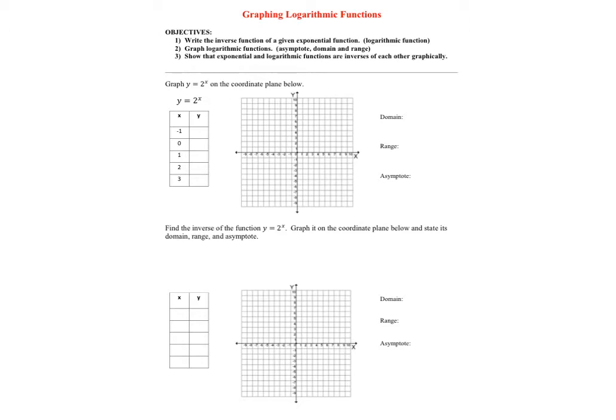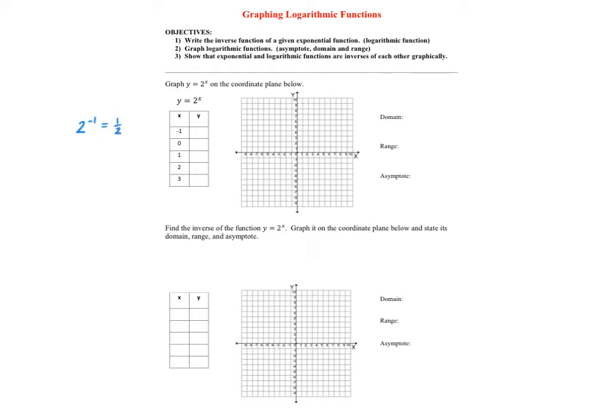Let's get started. Graph the y equals 2^x equation on the coordinate plane below. As we did in the last lesson, we are going to start by making a basic xy chart. So I'm going to substitute these x values into my equation. 2 to the negative 1, or 2 to the negative first, is going to equal 1/2.